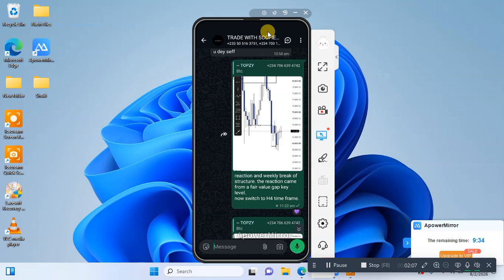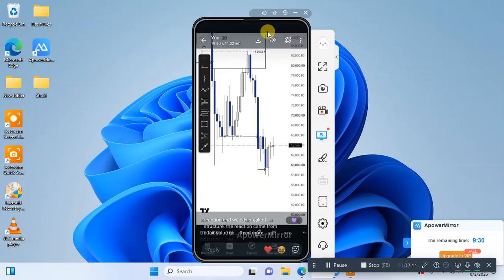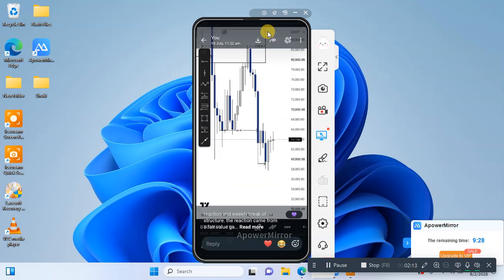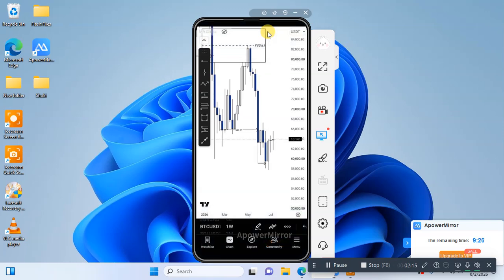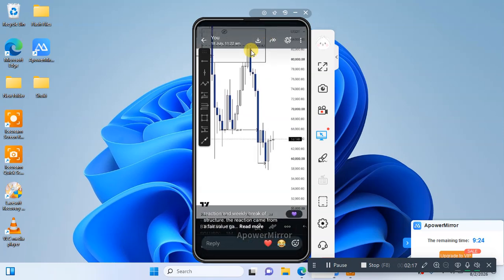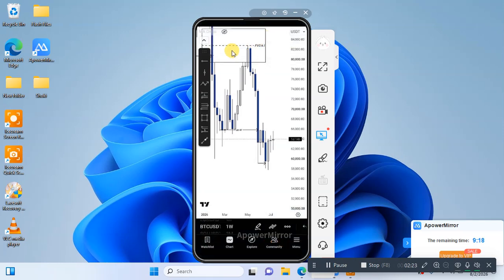The reaction came from a fair value gap, and if we expand, we are going to see the fair value gap around here. This is the fair value gap right here. So reaction came from the fair value gap, and we saw a weekly break, right?